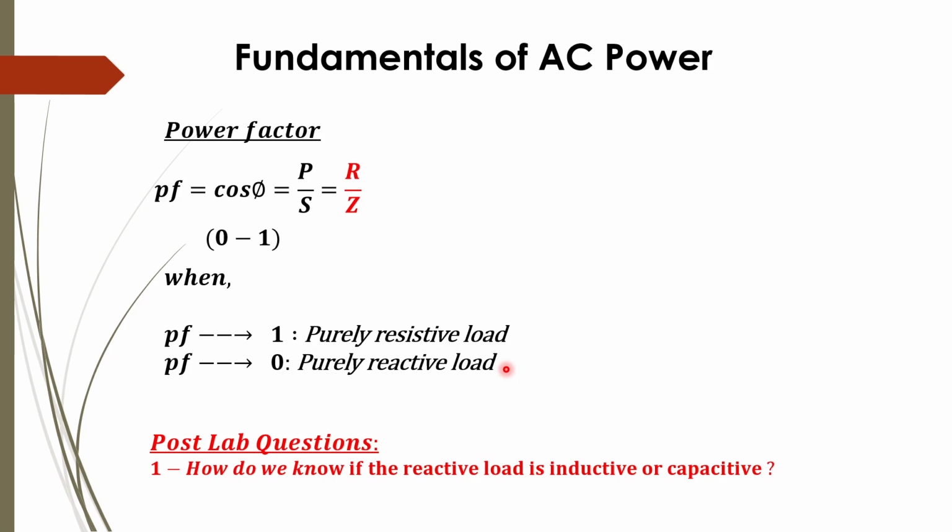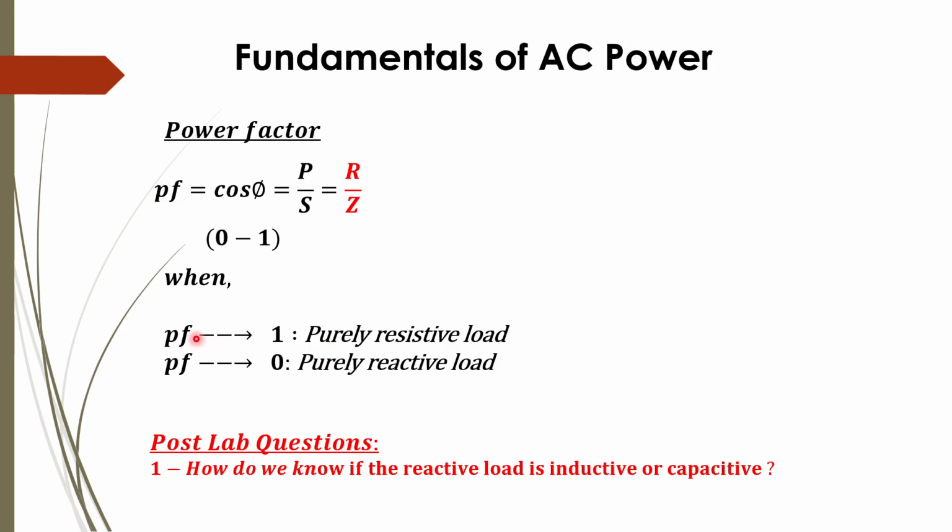In other words, if the power factor equals 0, that means the whole value of P, the active power, is 0, and the total power is being consumed by a reactive component. So if the power factor is 0, that sort of load is reactive, for example a pure capacitor or a pure inductor.